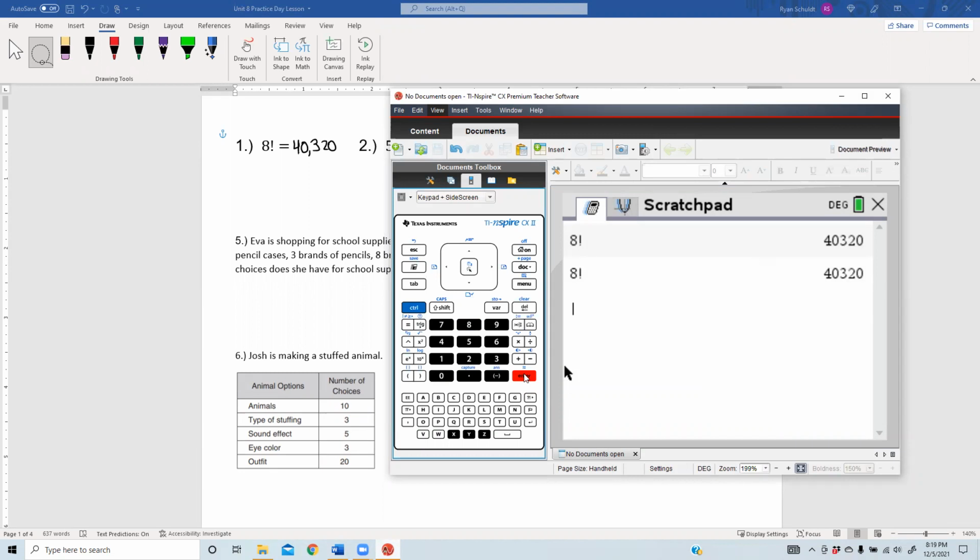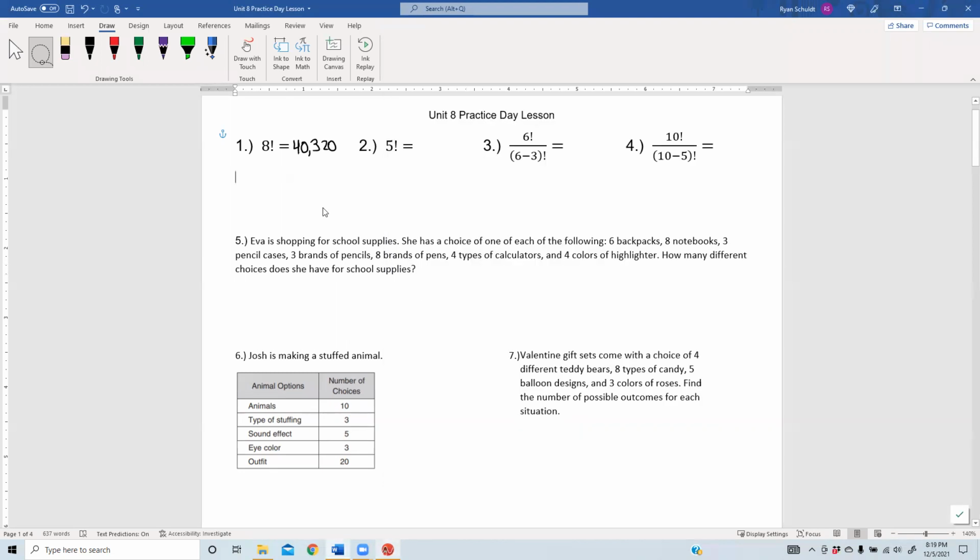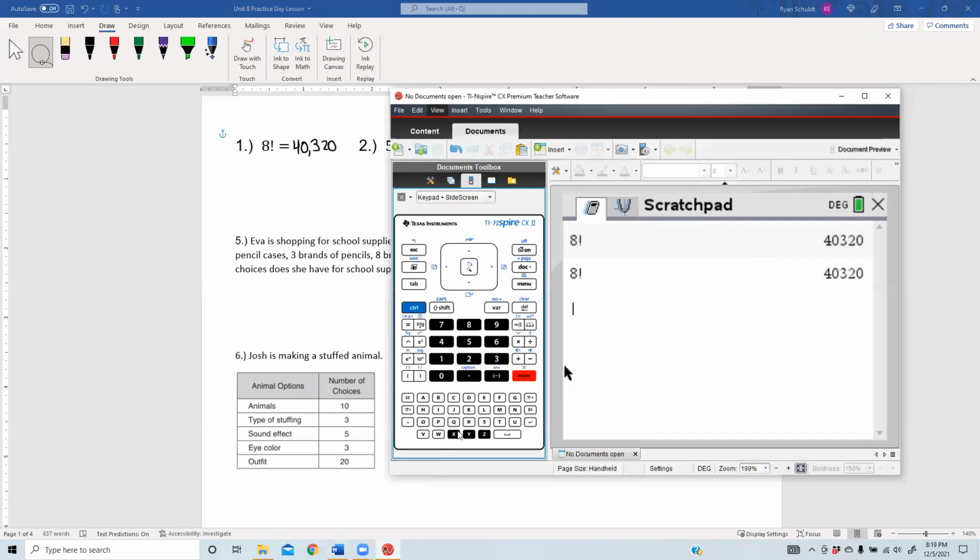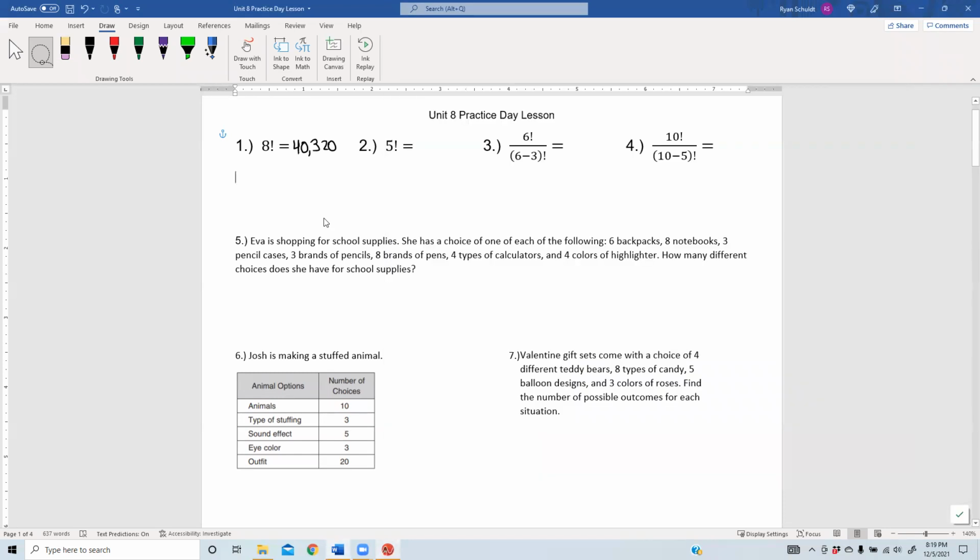So it doesn't matter which way you do it. Number 2 asks us to do 5 factorial. I'm actually going to do the second way because I think it's faster. You get 120. So 5 factorial is 120.